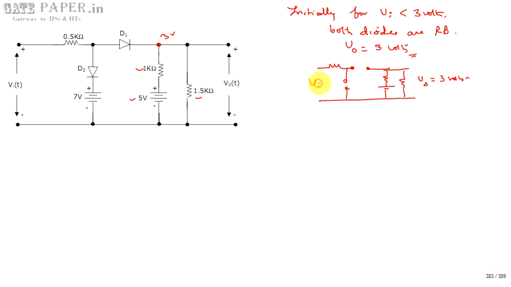For Vi greater than or equal to 3 volts, D1 comes into forward bias, so it will become a short circuit. Whenever it becomes a short circuit, you are going to get this value, and this is the equivalent circuit.